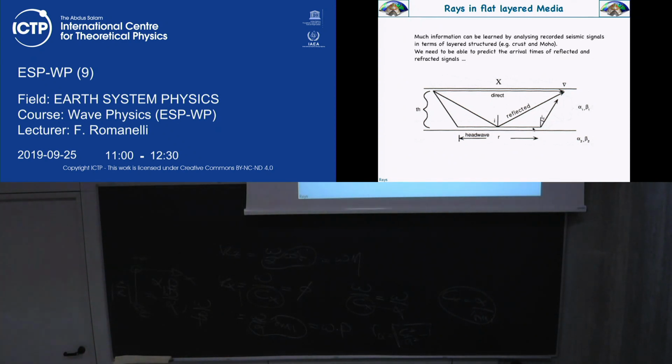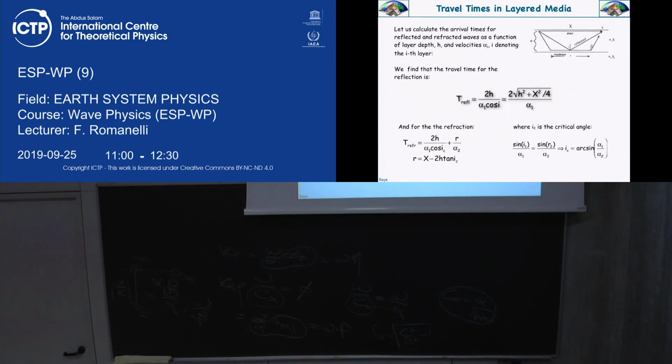Yes, if we can have critical reflections. So the necessary condition is that beta 2 or alpha 2 is larger than alpha 1 and beta 1. Otherwise, all the energy will go down and no critical reflection. And we will never know alpha 2 or beta 2. Okay, this is what we are going to solve in these 10 minutes.